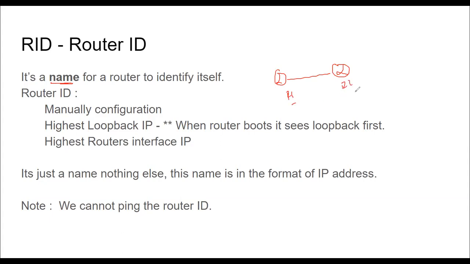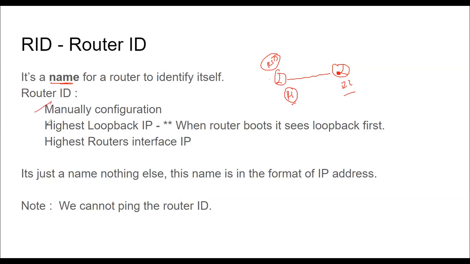You know it is R1, R2, but how does this guy know, if he receives any OSPF packet, that he is receiving from R1? So that's why we use router ID. We cannot send raw R1 or host name inside the OSPF packet. We have to send something equal to an IP address, which is a little bit long, but it can act as a name of a router.